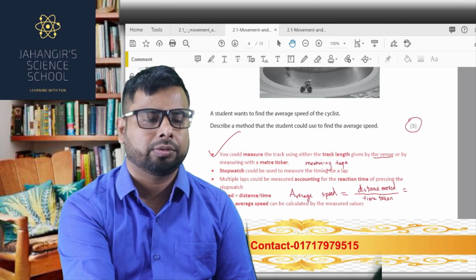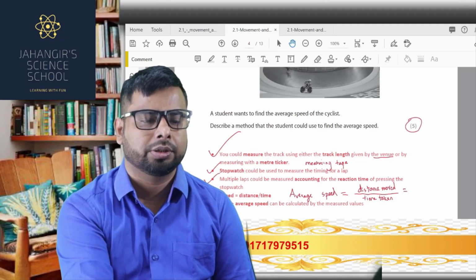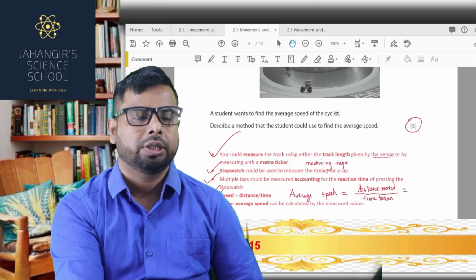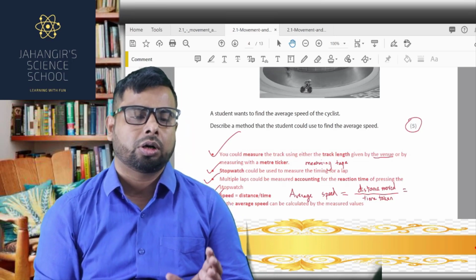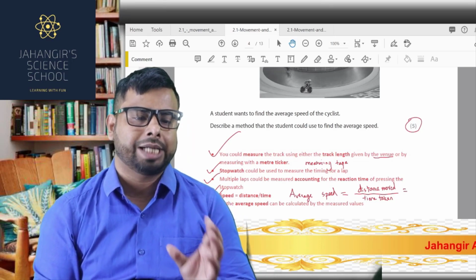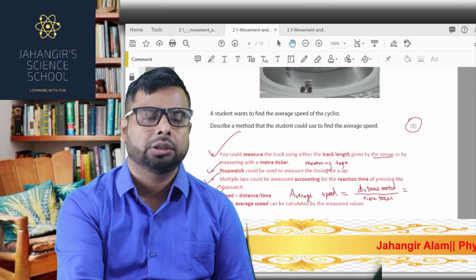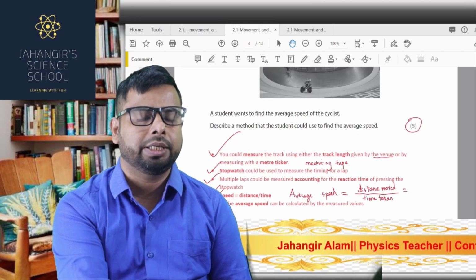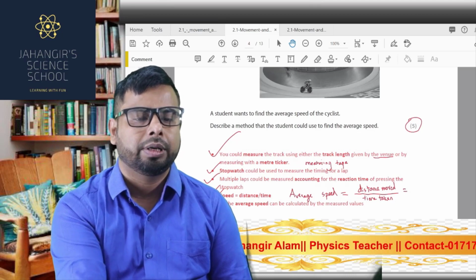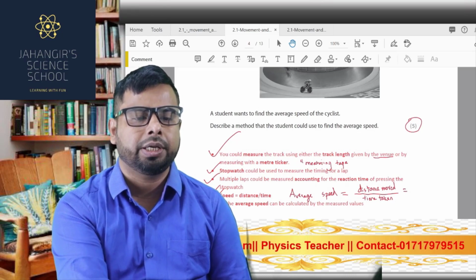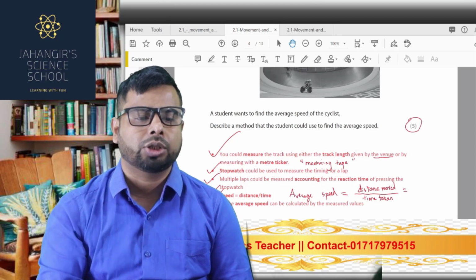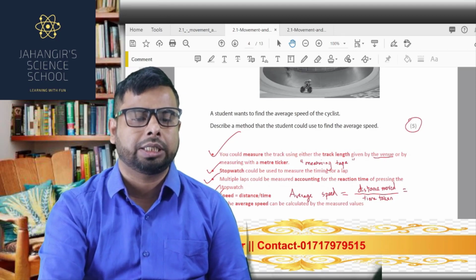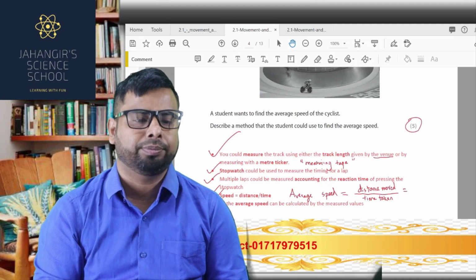Remember, there should be 5 points. First, the student could measure the track using either a track length given by the venue or by measuring with a measuring tape. A stopwatch could be used to measure the timing for a lap.